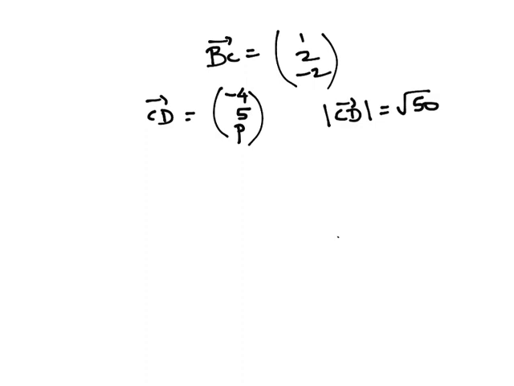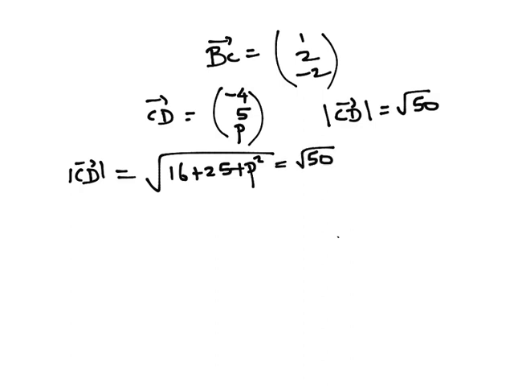Then you need to show that the value of P is 3. So let me find the magnitude of CD, which is the square root of 16 plus 25 plus P square. Now it is given as square root of 50, right? So let me square both sides to remove the square root sign. So I'll get 41 plus P square equal to 50.